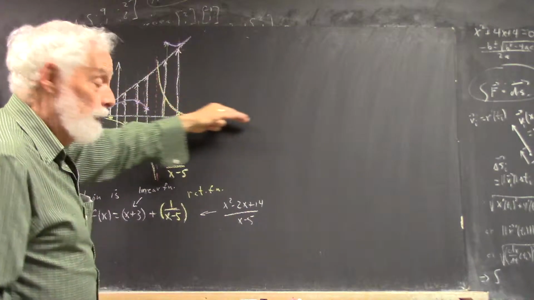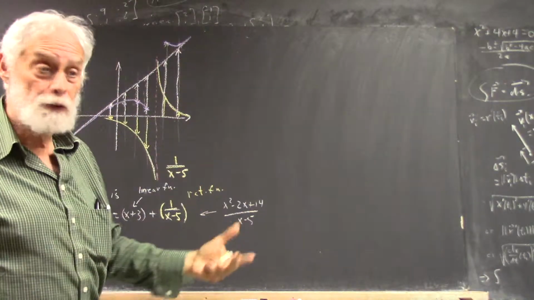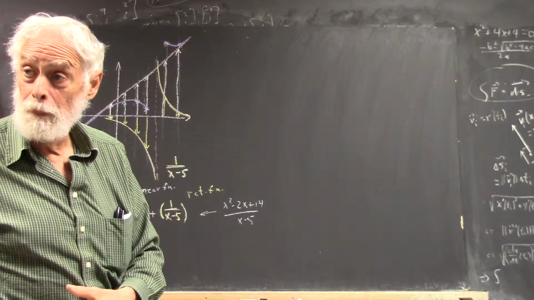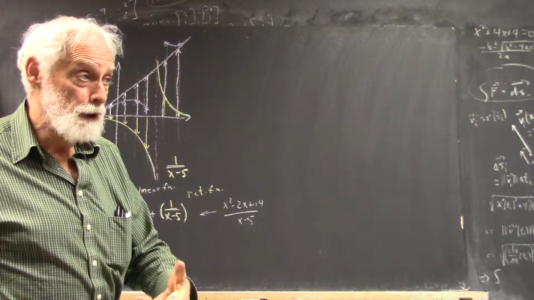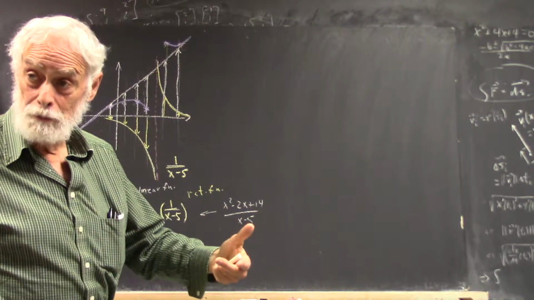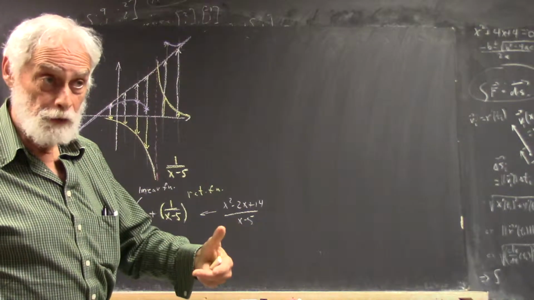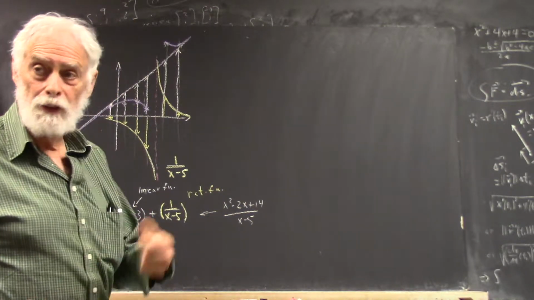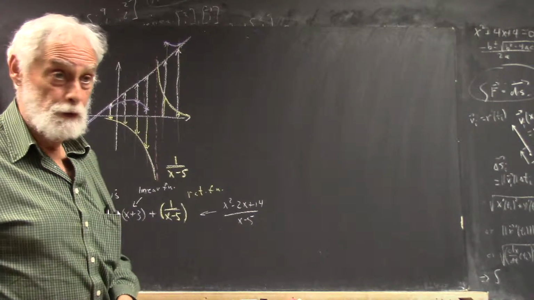Again, the rational function, the yellow function, is going to have values that approach 0, right? That's why we get what's called a linear or a slant asymptote. Okay, a linear function asymptote, but the usual name for it is a slant asymptote. Okay?